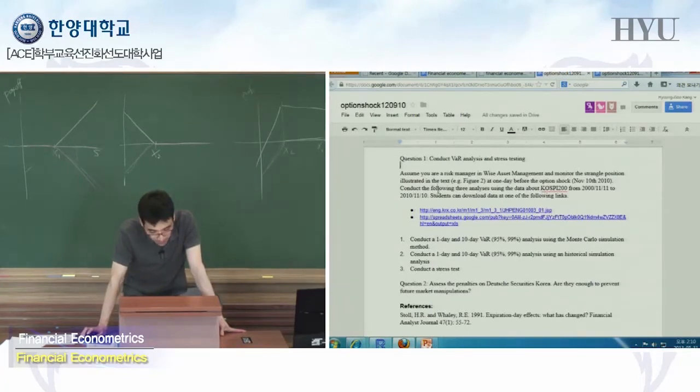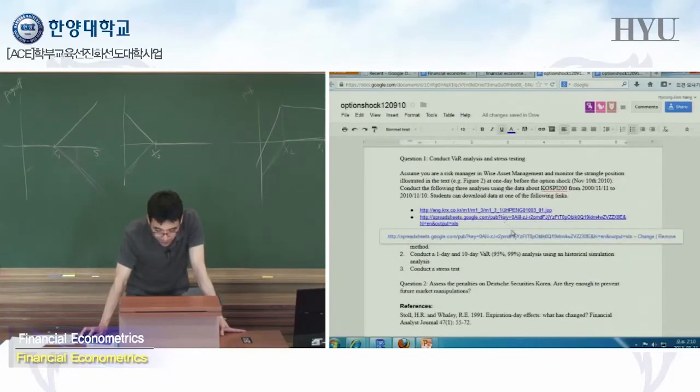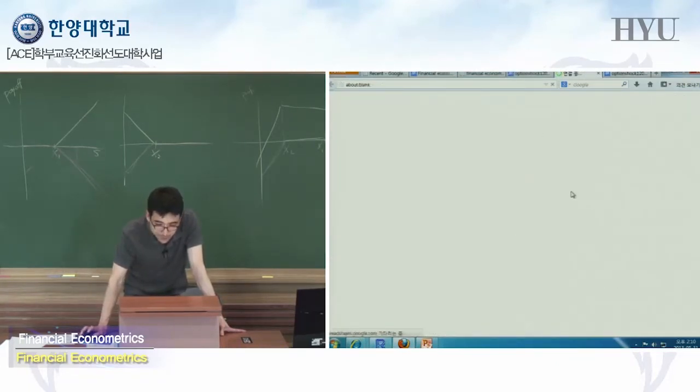Conduct the following 3 analyses using the data about KOSPI 200 from 10-year data, 2000 to 2010-11-10. Students can download the data from one of the following links. You can go directly to KRX, or actually I kindly have the data.